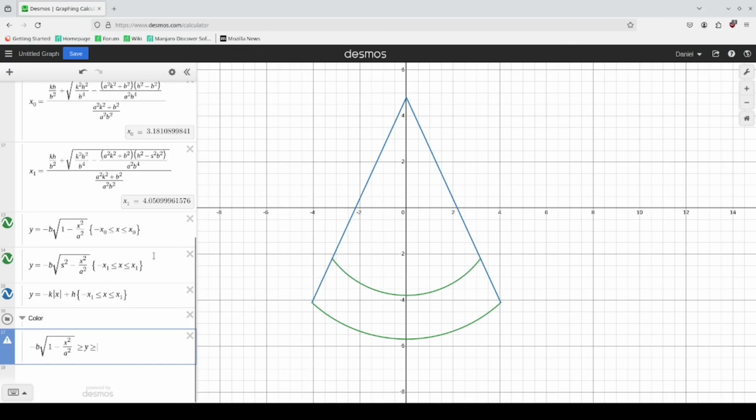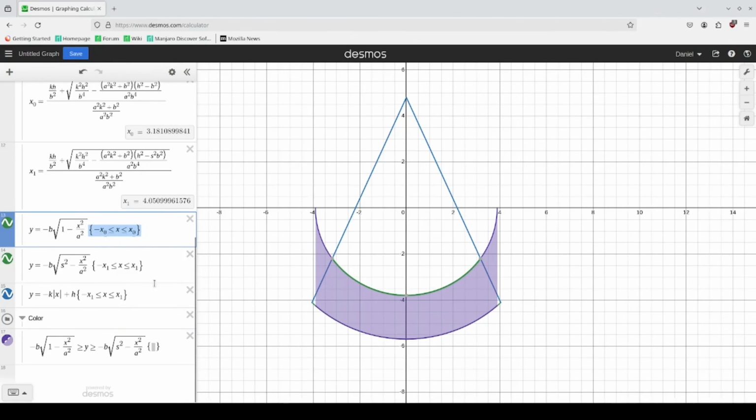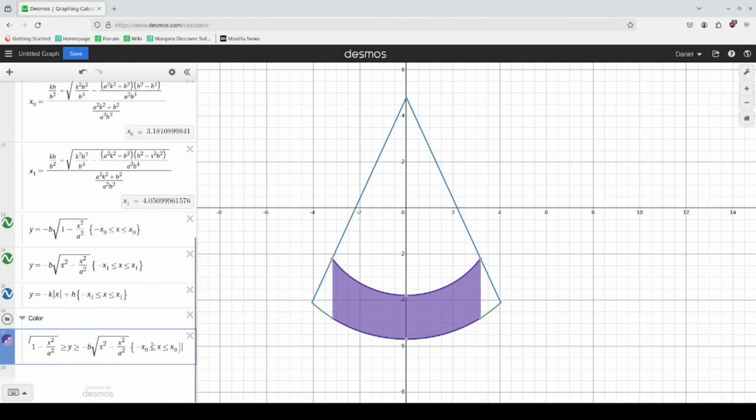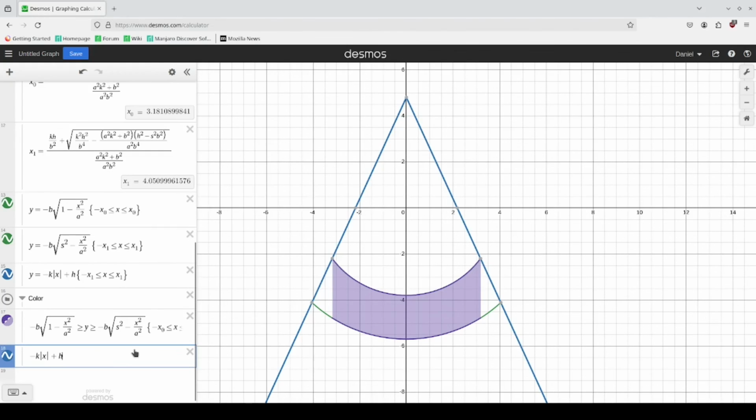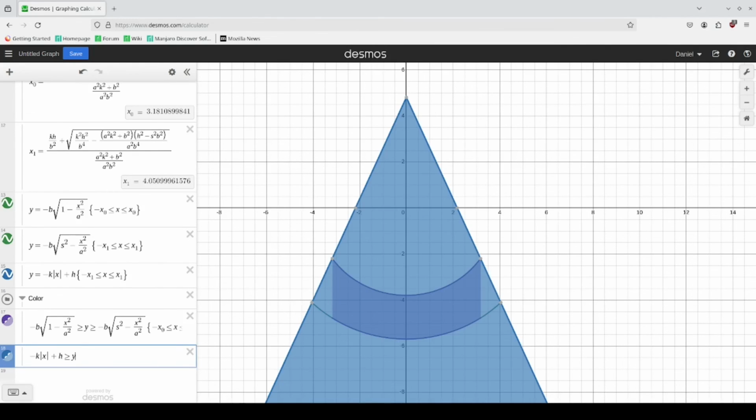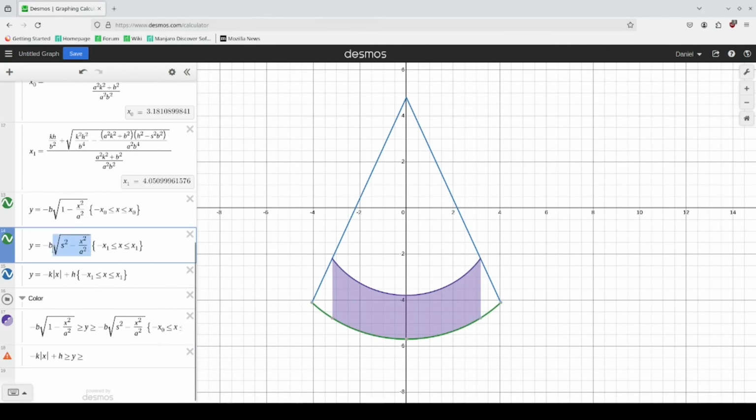This is the top equation, and then we want the bottom one here. And this spans between the smaller x boundaries. And for the absolute value equation, this is also the top boundary for what we need next. So this is top here. This is the bottom.